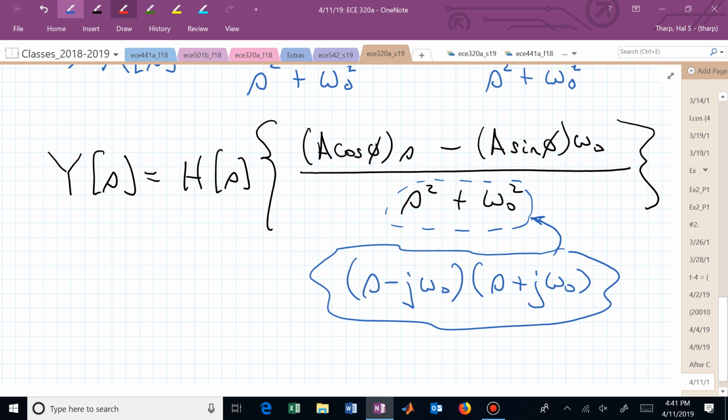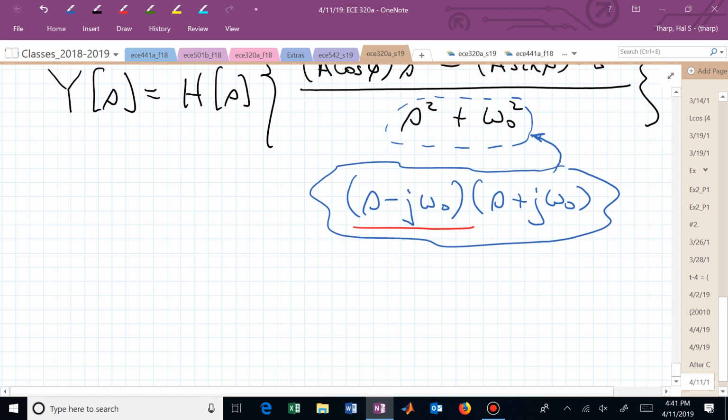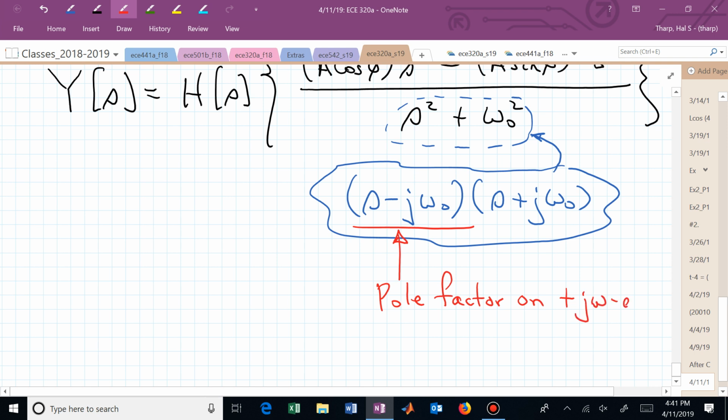This factor is the one that you would want to find the partial fraction expansion coefficient for. This is the one that's upstairs on the j omega axis. So this is the pole factor on the plus j omega axis.